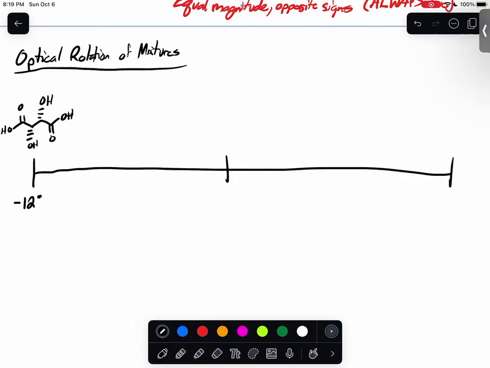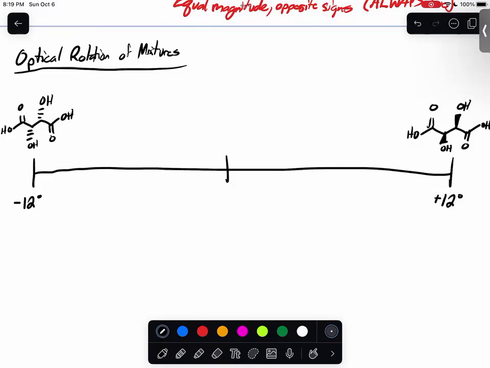On the other end of the spectrum, we have the plus enantiomer, like we've seen multiple times before, and this rotates light positive 12 degrees.